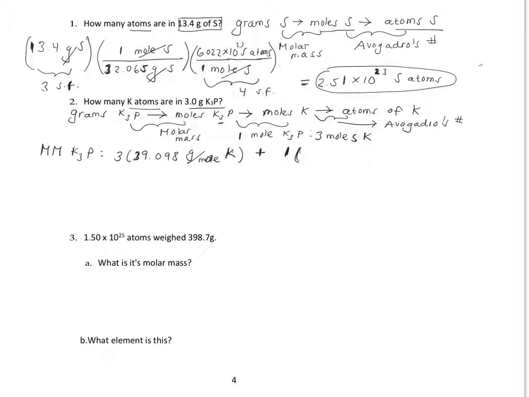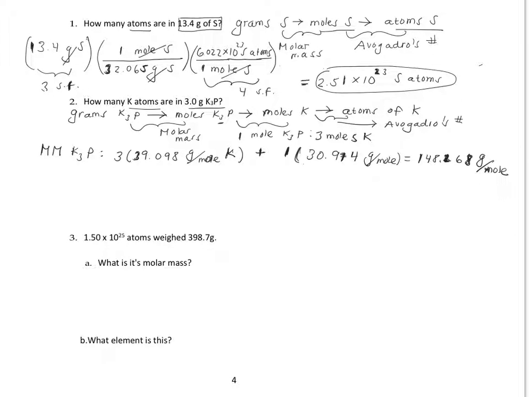And the molar mass of phosphorus is 30.974. And so this ends up equaling 148.268 grams per mole as the molar mass of potassium phosphide.